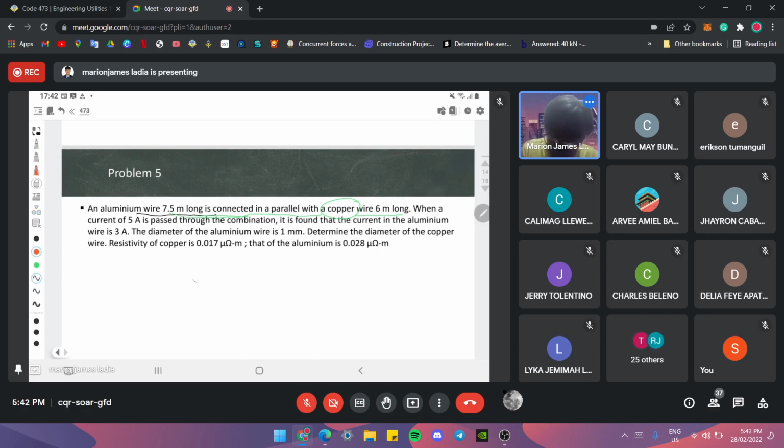When a current of 5 ampere is passed through the combination, it is found that the current in the aluminum wire is 3 ampere. So, yun daw yung pumunta sa aluminum. The diameter of aluminum wire is 1 millimeter. Determine the diameter of the copper wire. If the resistivity of copper is 0.017 microohm meter, the aluminum is 0.028 microohm meter.